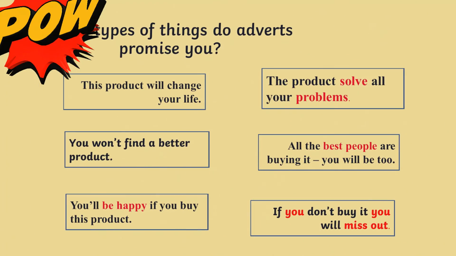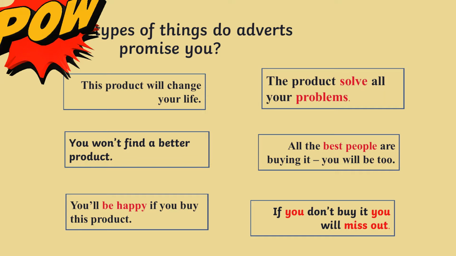Do think about advertisements, have a look at adverts you watch, and ask yourself, how is it persuading? Then I'm just going to show you some typical things that people say adverts do. Well, they promise you it might change your life. Definitely you won't find a better product. You'll be really happy if you buy this. It's going to solve all your problems.